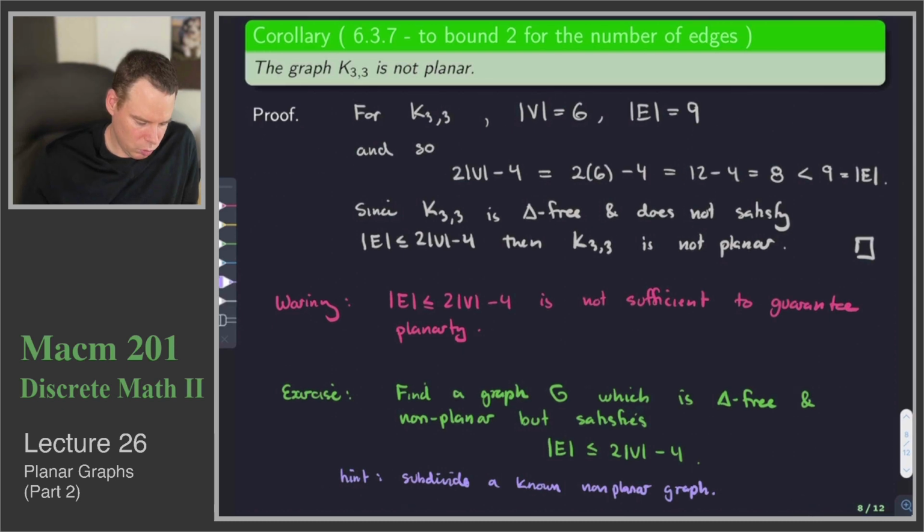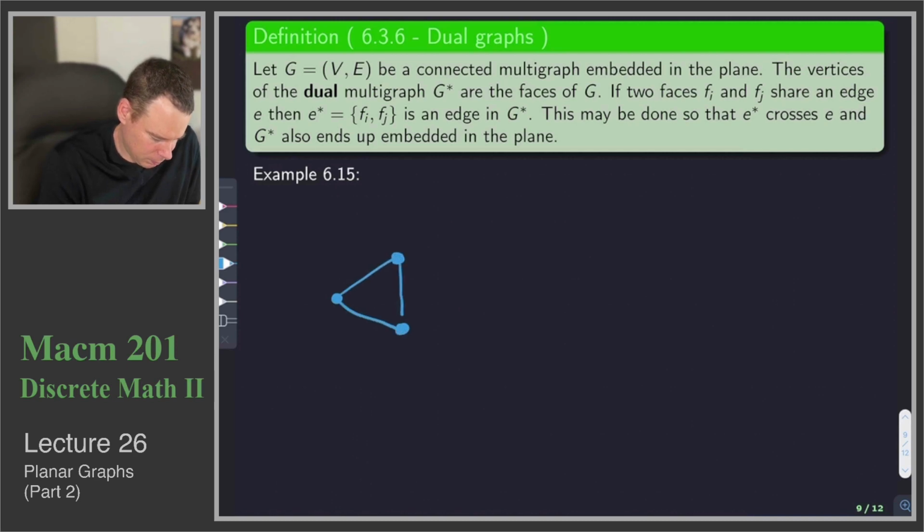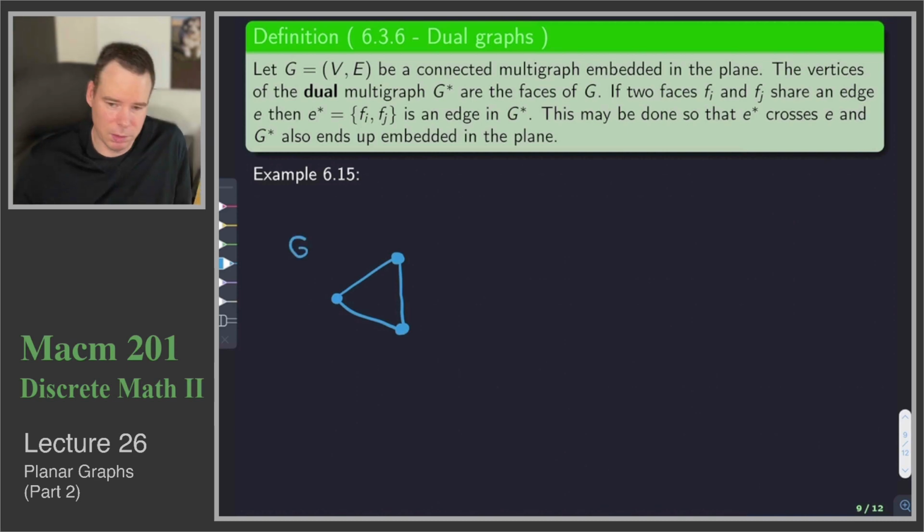So now I want to introduce one more idea for planar graphs, and this is this notion of a dual graph. So I'll draw it first, and then we'll go through the definition above. So suppose we have a planar graph, and we've drawn an embedding of it. There's an example.